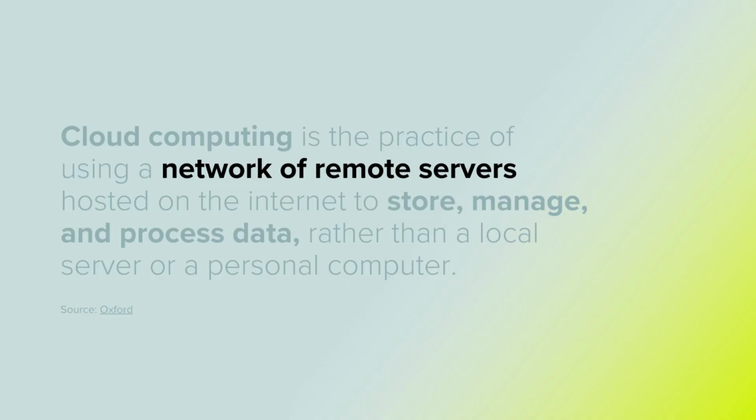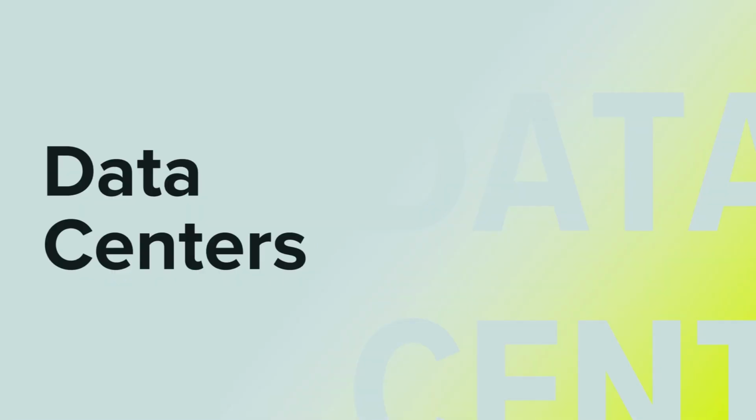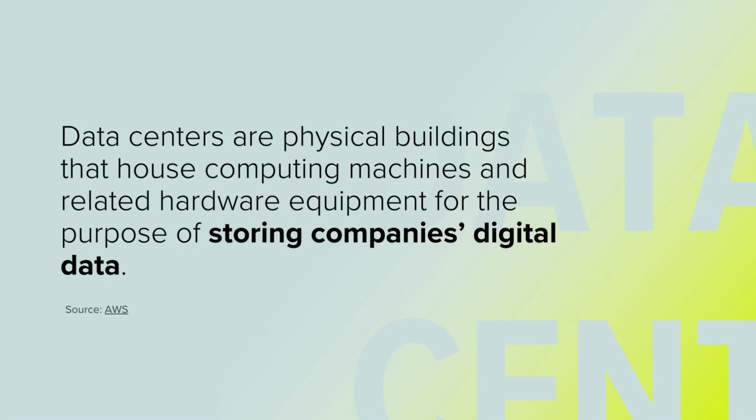Now that we've explored cloud computing and its applications in higher education, let's dive deeper into the network of remote servers that power cloud computing. Data centers. Data centers are physical buildings that house computing machines and related hardware equipment for the purpose of storing companies' digital data.